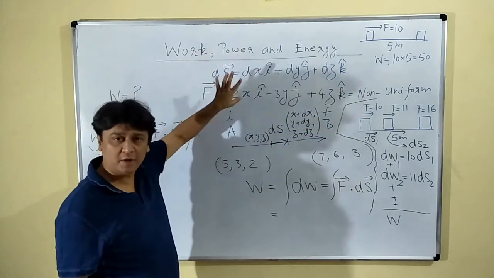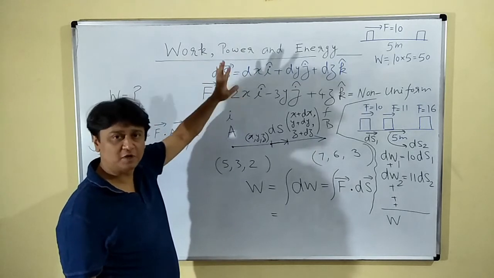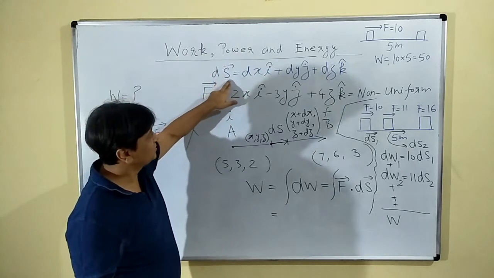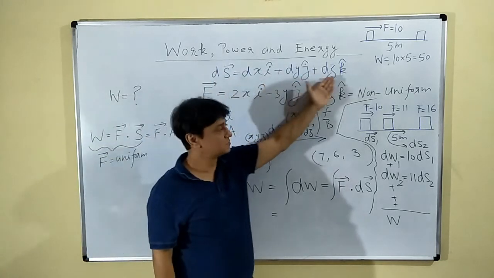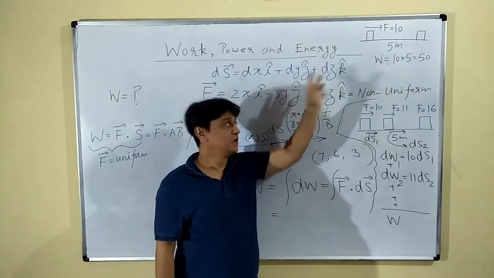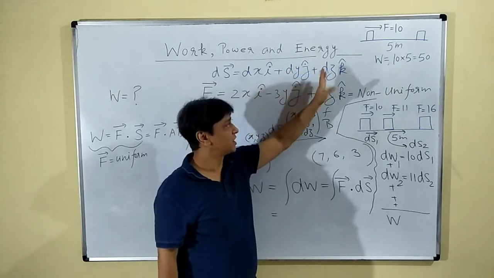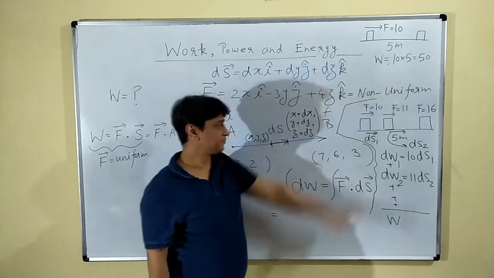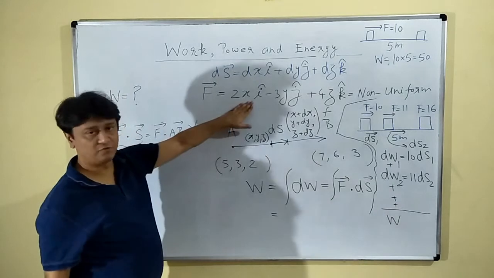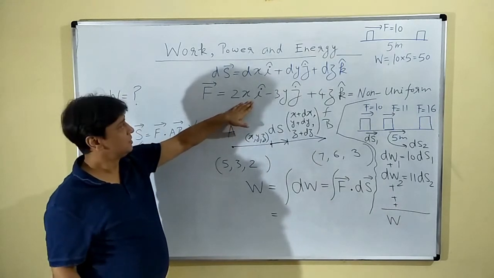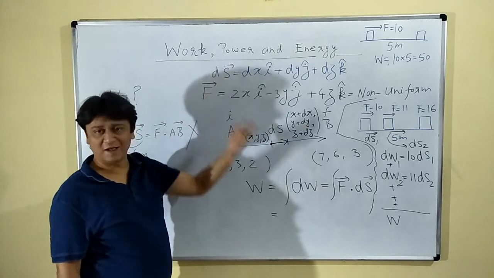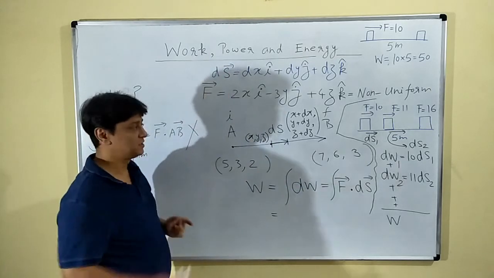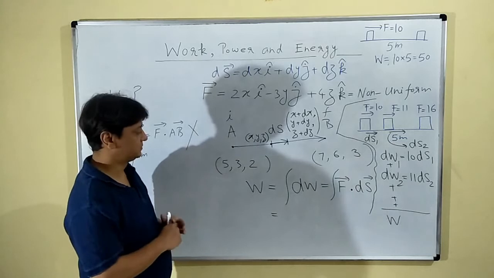From now on, wherever you have to define a small displacement, you can always write like this: always dx i cap, dy j cap, dz k cap. Whatever kind of force or situation, a small displacement will have three small components: dx, dy and dz.